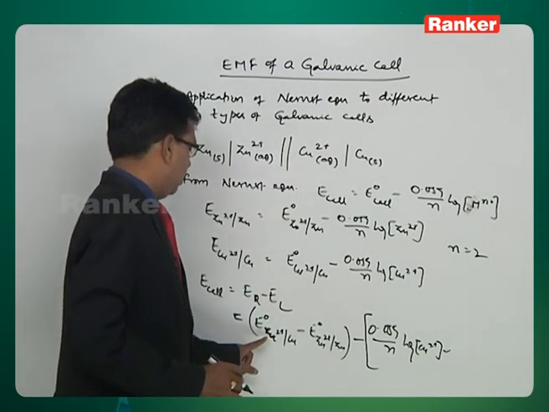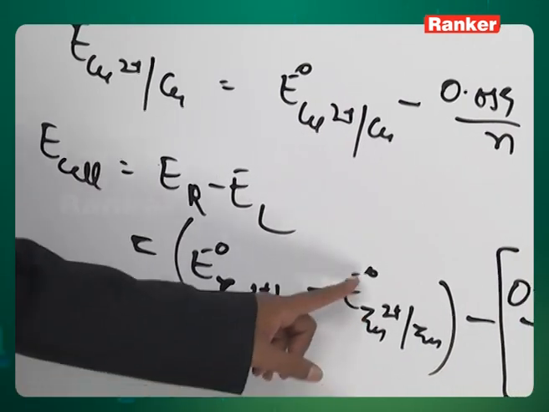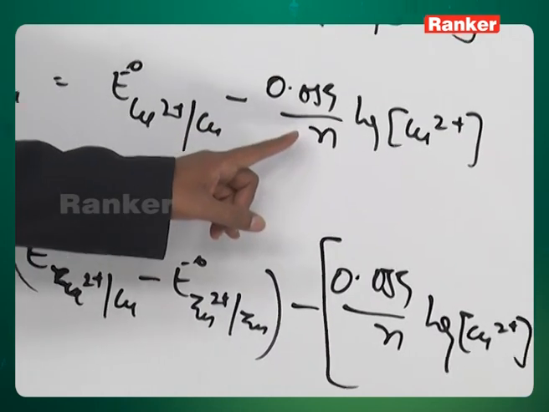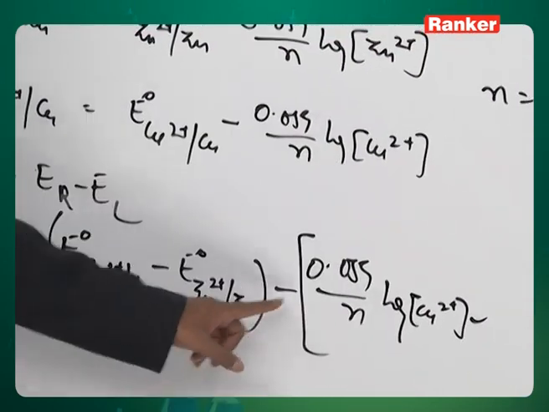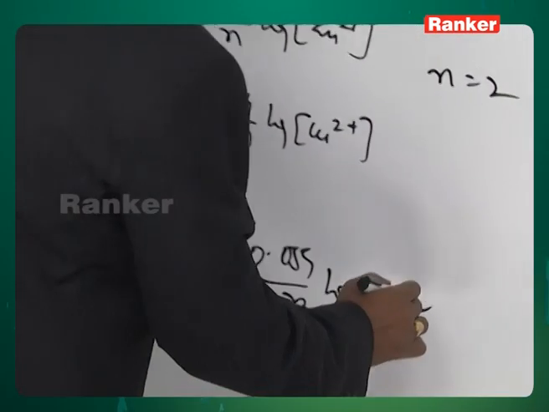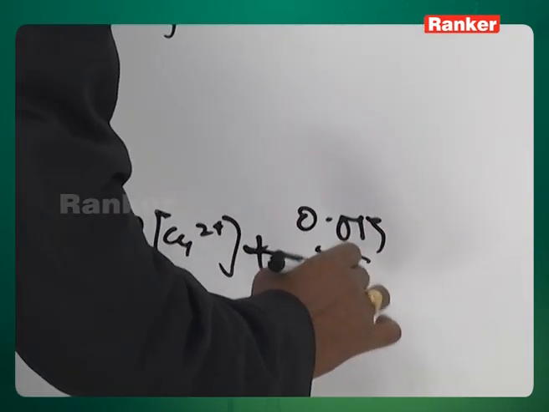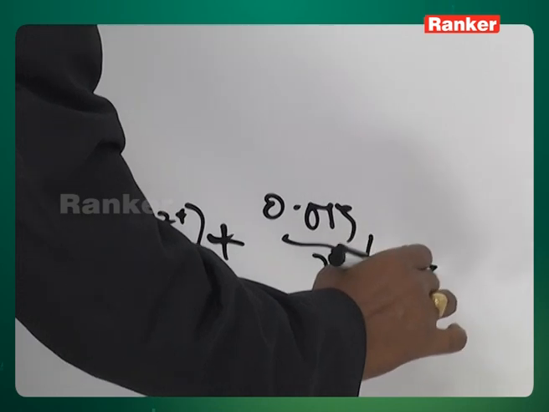So, this is E naught Cu2+/Cu minus E naught Zn2+/Zn, minus 0.059 by n log Cu2+ and 0.059 by n log Zn2+.